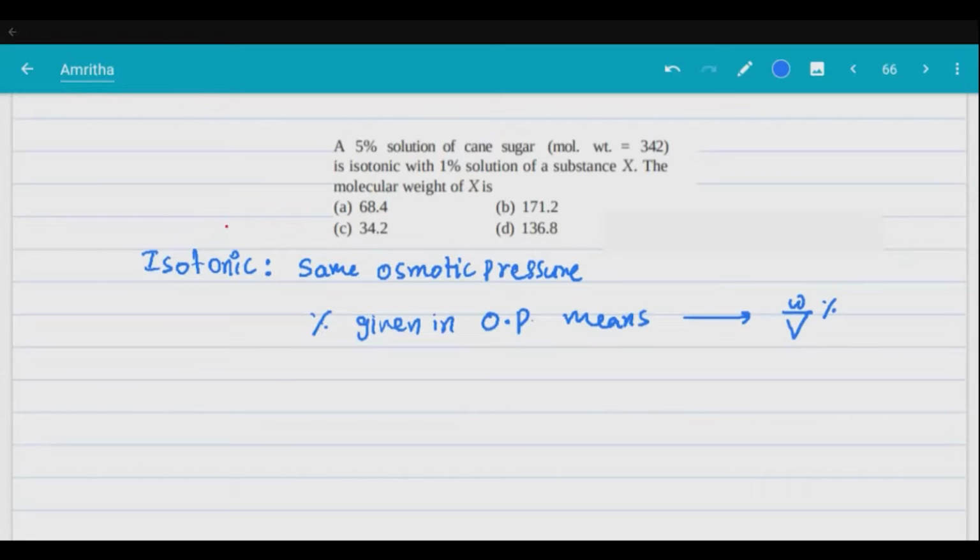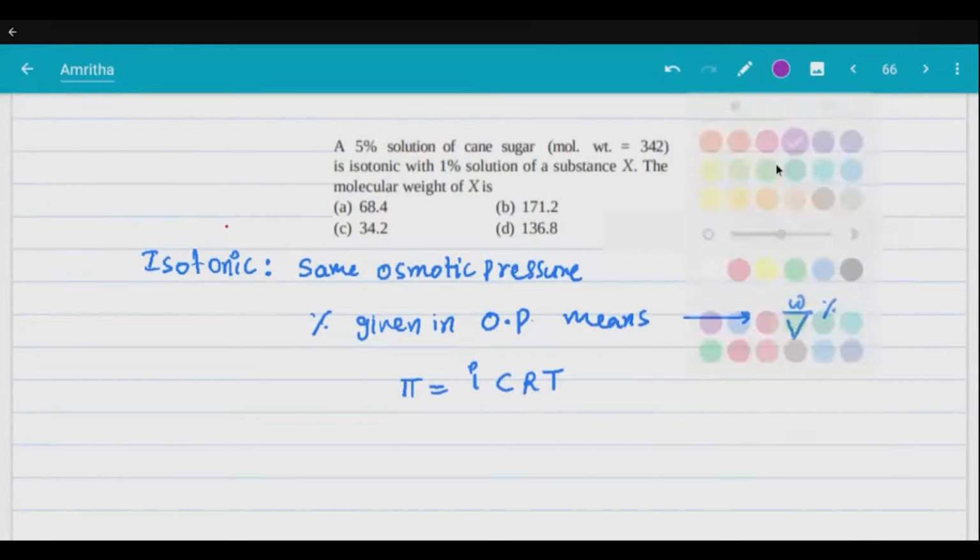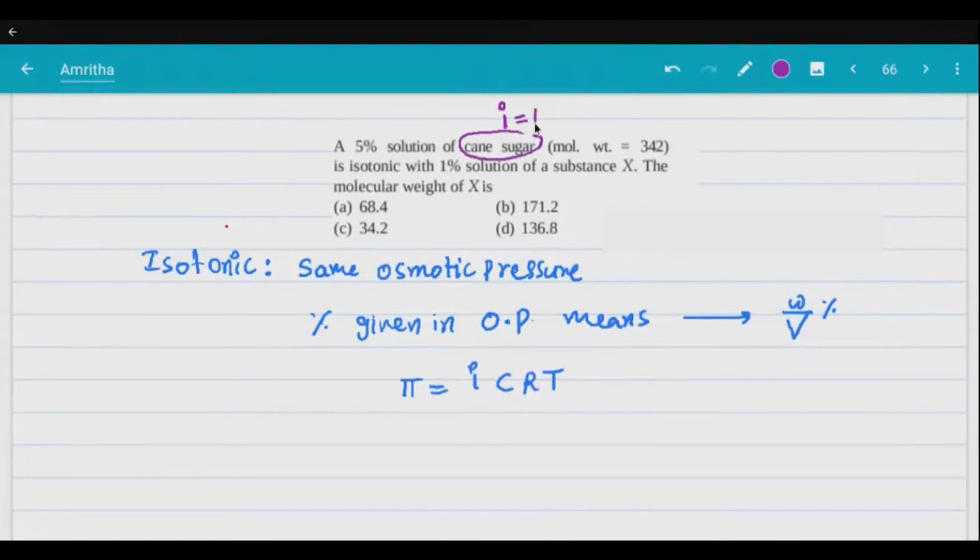So how do we use this? What is the osmotic pressure formula? Pi is equal to i into C into R into T. Here C means concentration, i means van't Hoff factor, R means universal gas constant, T means temperature. Here, for cane sugar i is equal to 1, and for this substance nothing is mentioned about ionization, so here also i is equal to 1.